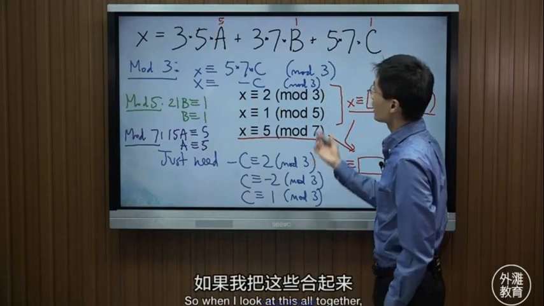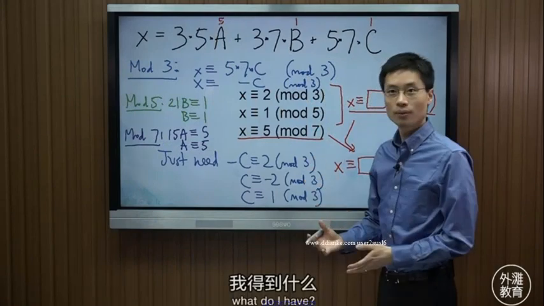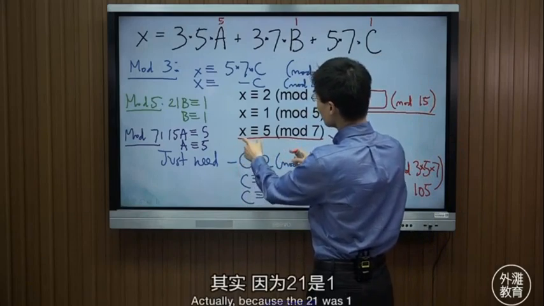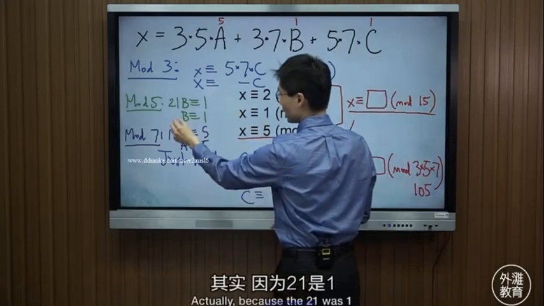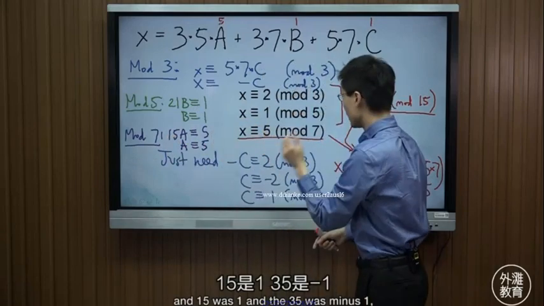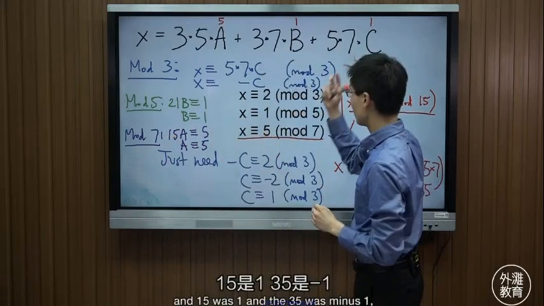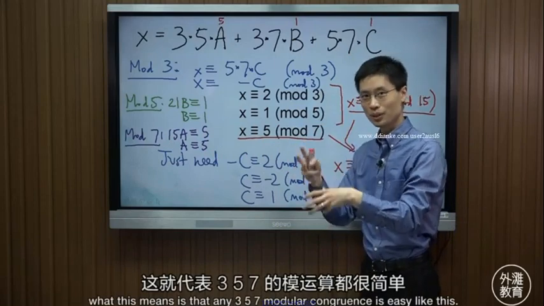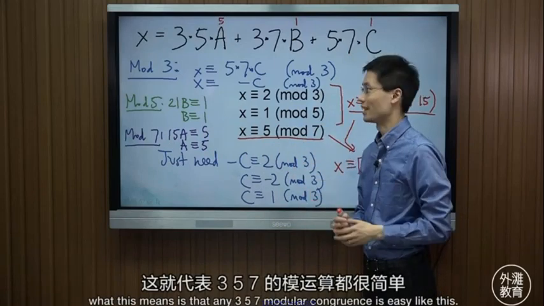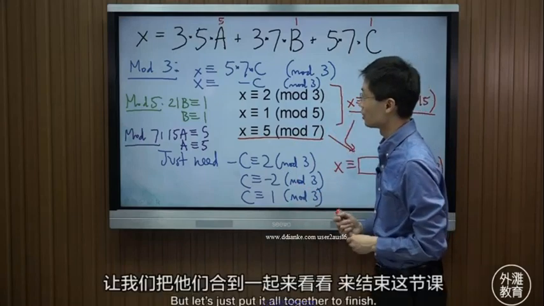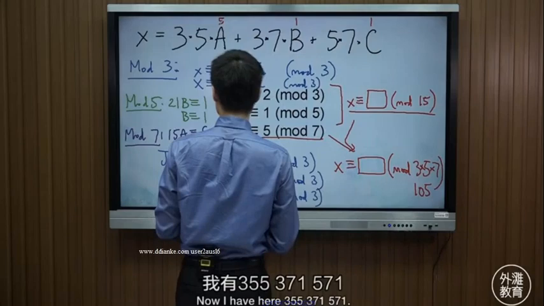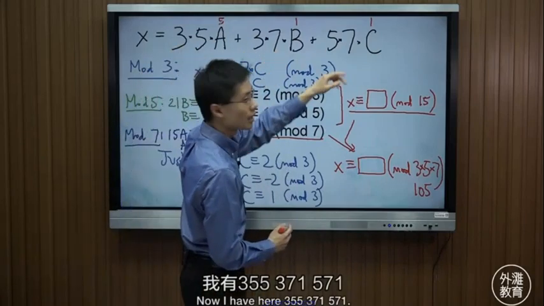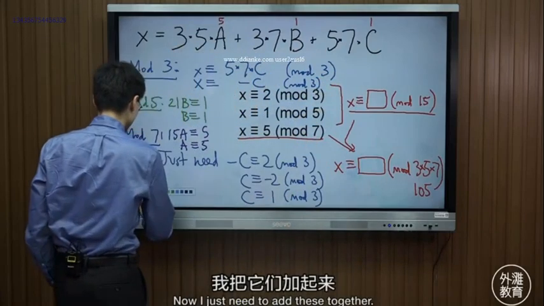So when I look at this all together, what do I have? Actually, because the 21 was 1 and the 15 was 1 and the 35 was minus 1, what this means is that any 3, 5, 7 modular congruence is easy like this. But let's put it all together to finish. Now I have here 3, 5, 5, 3, 7, 1, 5, 7. So now I just have to add these together.